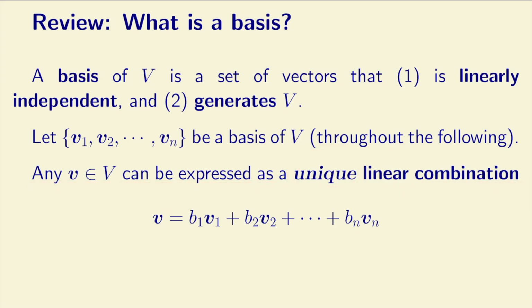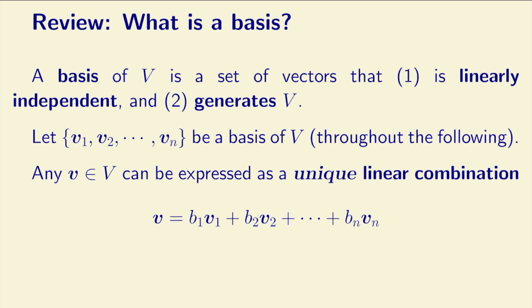Wait, unique? What's important about that? That's key. It means that for any vector v, there's only one way to write it as v equals b1 v1 plus b2 v2 plus all the way to bn vn. The coefficients bj are a unique set of scalars for that specific vector v.